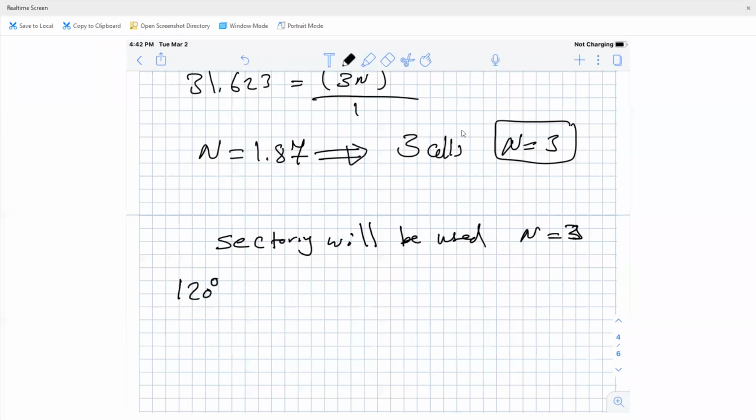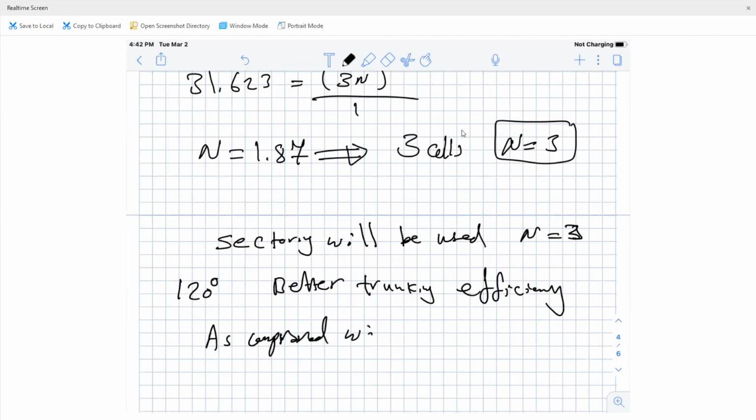Because 120 degree will provide better trunking efficiency as compared with 60 degree sectoring. Okay, this will be the solution of this problem. I mean, problem 3.5 is a very important problem.